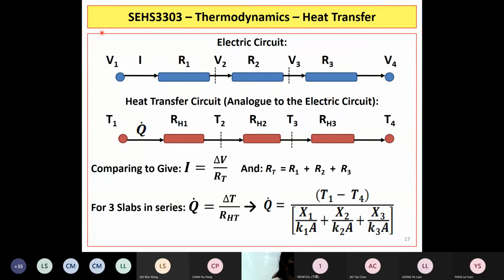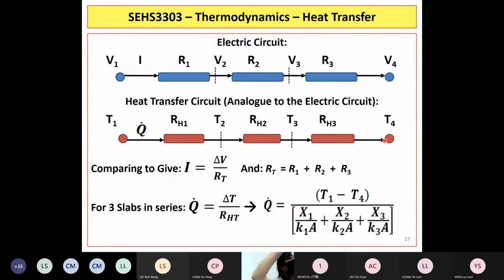So, according to the electric circuit, we can draw a similar heat transfer circuit. At this point, we have temperature T1, let's say a higher temperature. And at this point, we have a lower temperature.